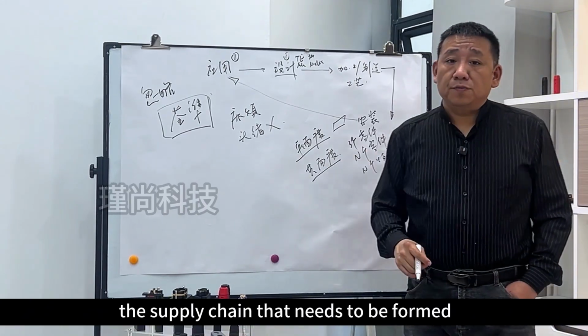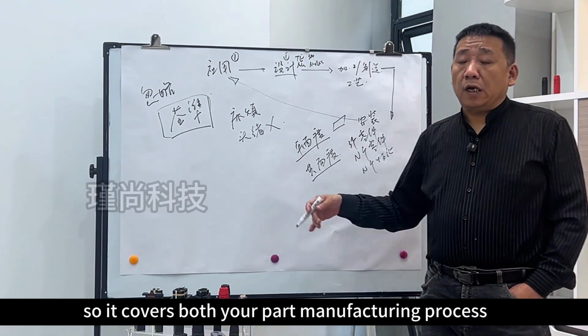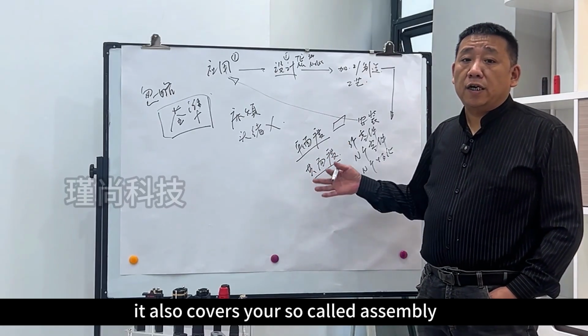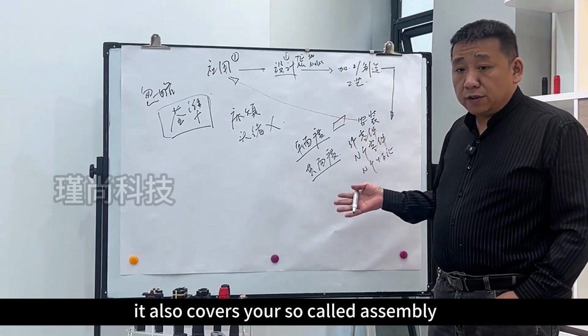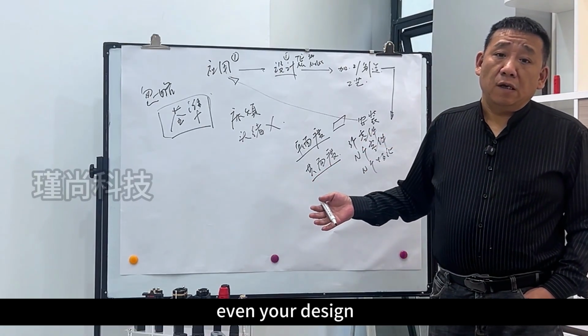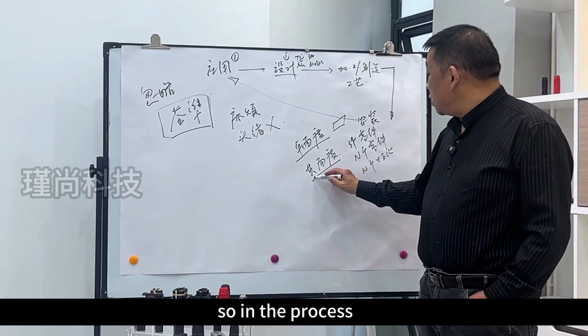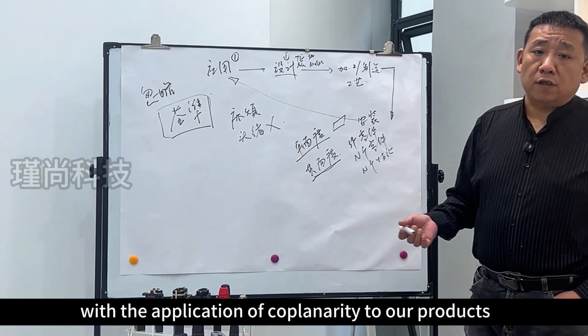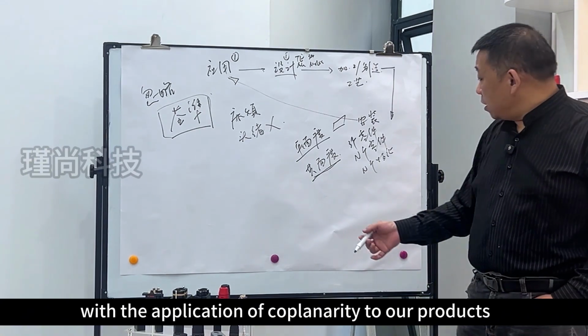The supply chain that needs to be formed covers your part manufacturing process, your so-called assembly and manufacturing process, even your design. So this is very difficult to achieve with the application of complementarity to our products.